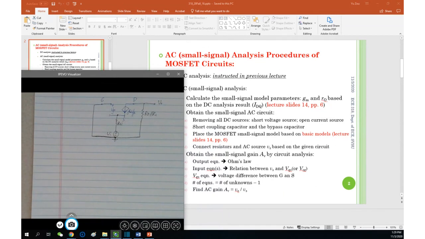I'll give you another 3 or 4 minutes to try to come up with the equations yourself. Go ahead. And then you need to count the number of equations and the number of unknowns to see if they're good. Try to write the equations yourself.